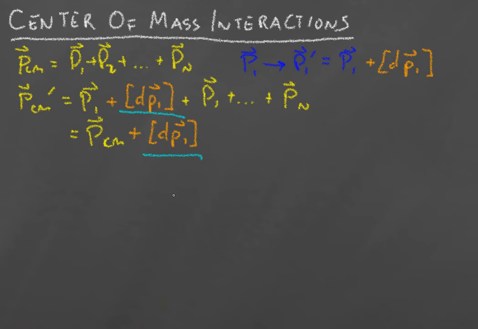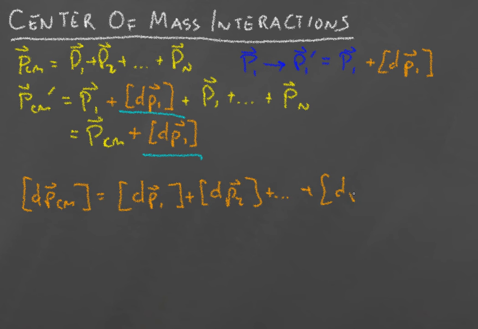Well, we can take this even further. What if instead of just one particle being affected by this interaction, what if it affected multiple particles? In other words, we deliver some impulse to the center of mass, and that's the sum of impulses acting on particle 1, on particle 2, and any other particles that impulse might have acted on.